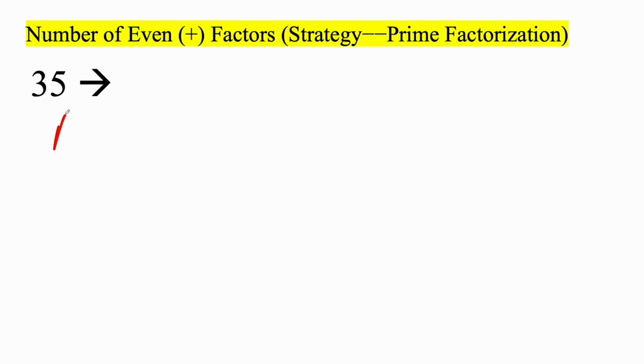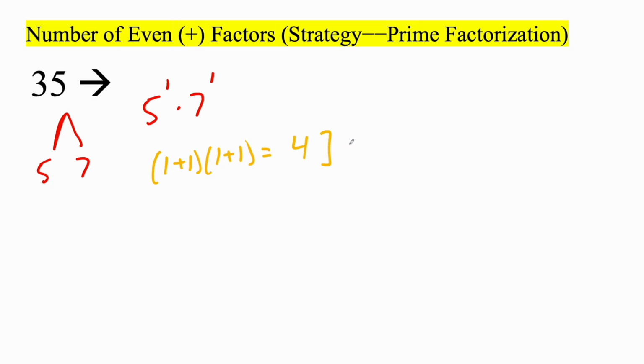Now for 35, we break it down. 5 times 7. And so we can say we have 5 raised to 1 times 7 raised to 1. So first we're going to figure out the total number of positive factors. We take our 1, add 1, close it, take our 1, add 1, close it. And we get 1 plus 1 is 2, 2 times 2 is 4. So we have 4 total positive factors.